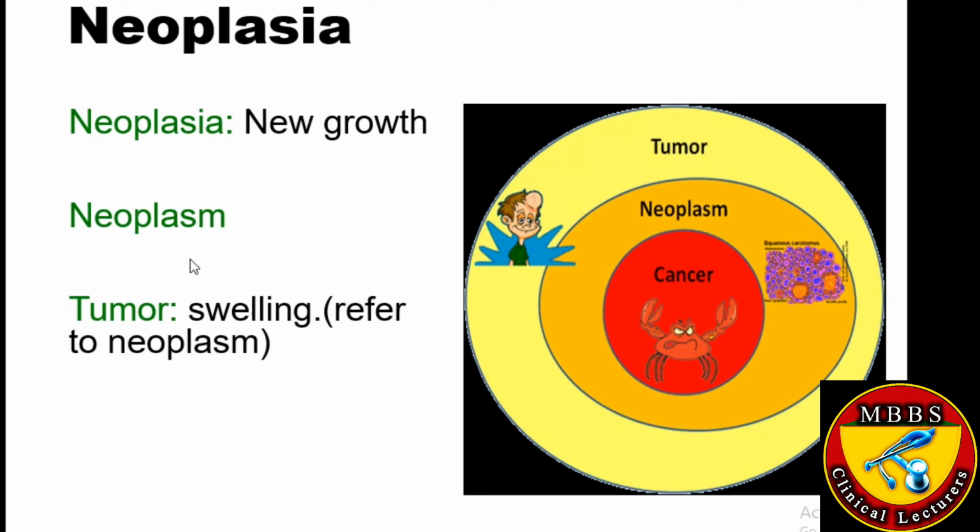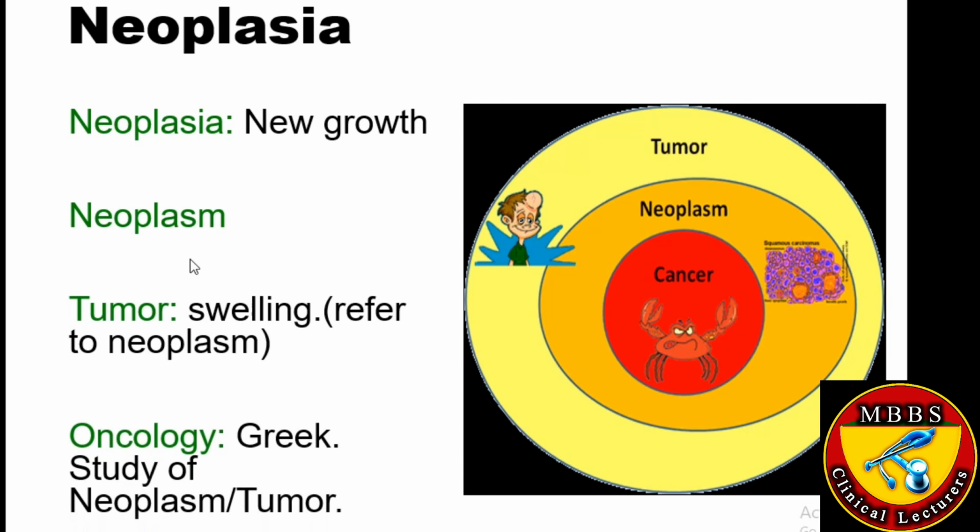As you studied in the inflammation chapter, any swelling actually refers to tumor. It was a Greek word. But later on, the tumor was confined to cancerous growth, or rather neoplastic growth. Oncology is the study of tumors or neoplasms, again a Greek word.